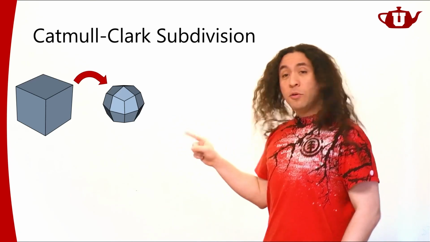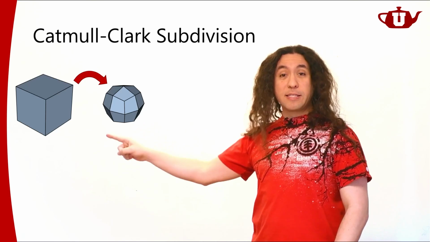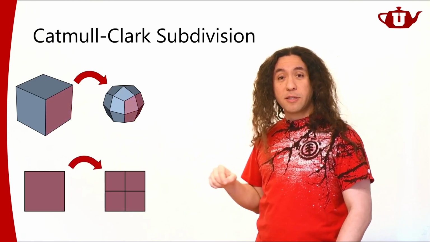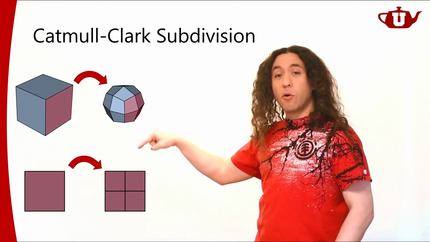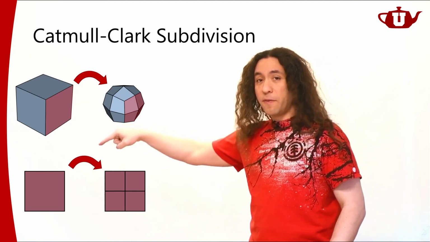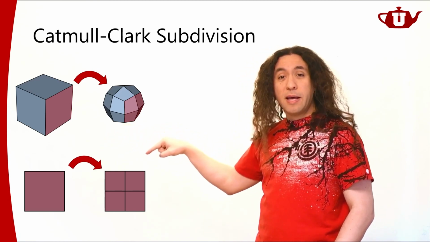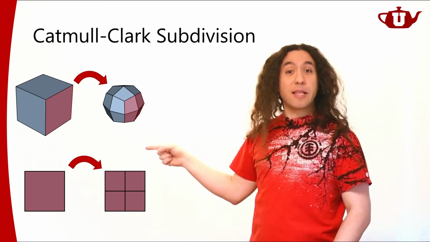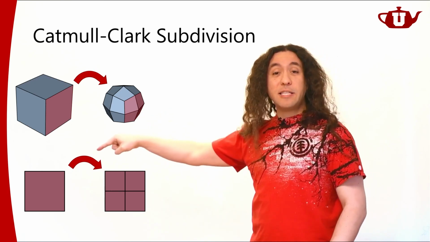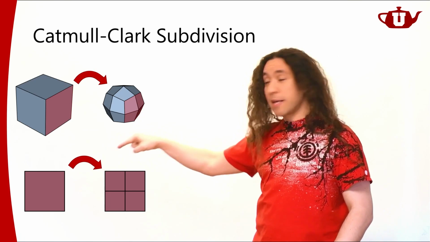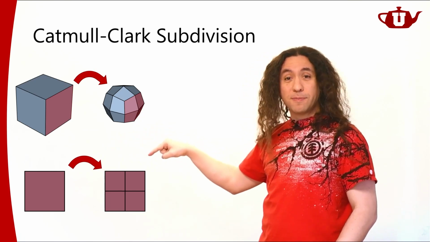And the way I'm going to do this is that for each face of this polygonal mesh, I am going to generate more smaller faces. So for each face, I'm going to split it into multiple faces. This is an operation that we call tessellation. So I'm going to tessellate each face, each quad face in this case, into 4 quad faces.